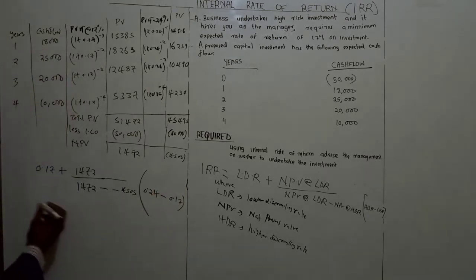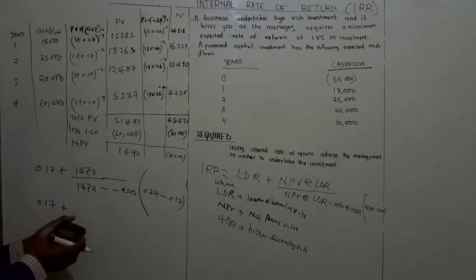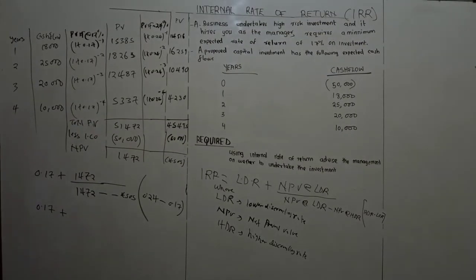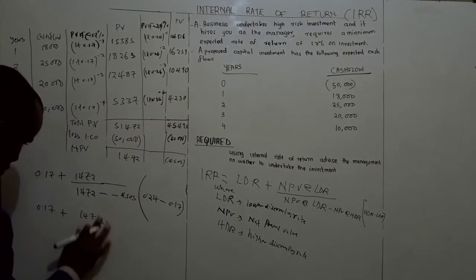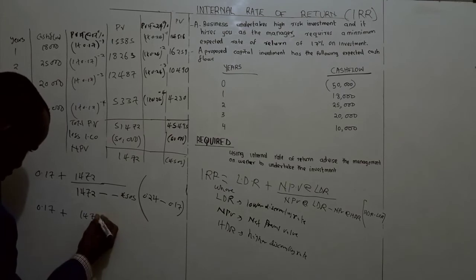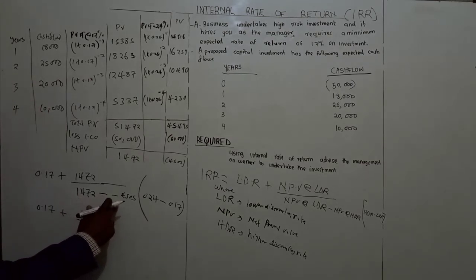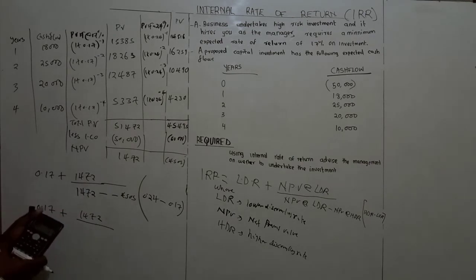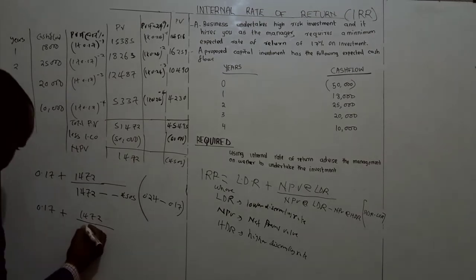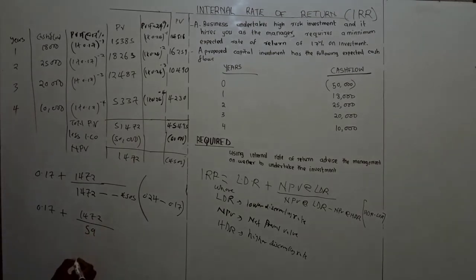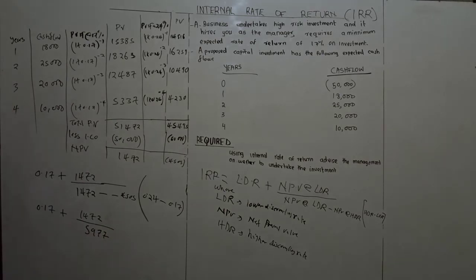So we have 0.17 plus 1,472 over, here we have minus, which becomes plus, so 1,472 added to 4,505 comes to 5,977.